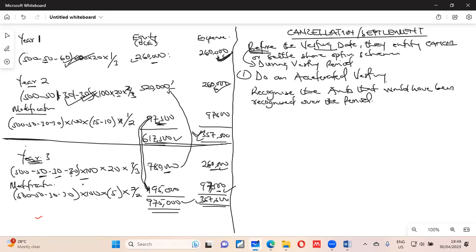Though all the amounts before the vesting date would have been recognized, all right. So that is that. Then step two, what you do is that any amount, any payment made up to the fair value of the equity instrument at that cancellation or settlement, you will treat it as a deduction from equity. Okay, we will use an example to also show what I'm saying.